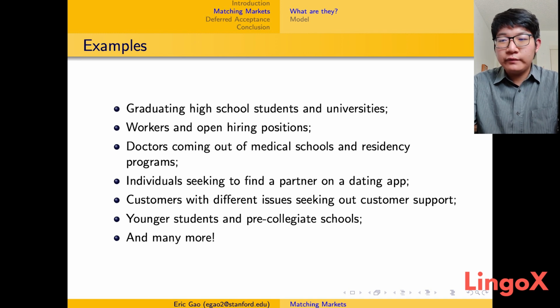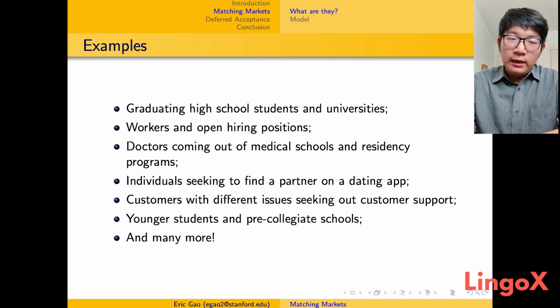You might have some more homogeneous markets where both sides are more similar. One example of that would be individuals seeking out partners on a dating app, where you have men and women, or in general, one partner and another partner, and they want to try to match with one another to have a better life for themselves.